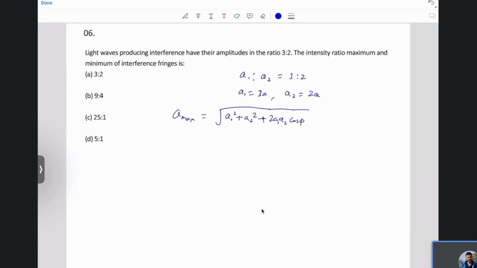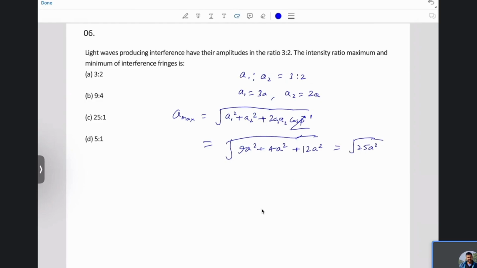So when the cos phi is 1, then we have the maximum amplitude, and since A1 is 3A, so 9A square, then 4A square, and plus 2 into 3 into 2, which is 12A square. Okay, and this is 25A square.